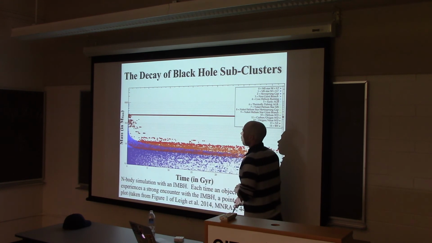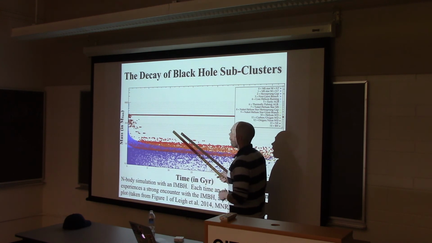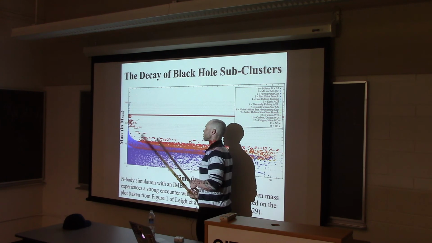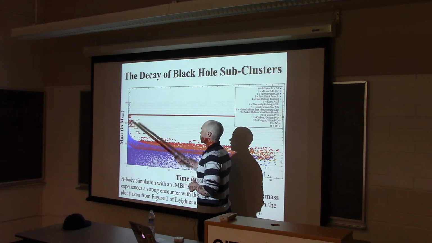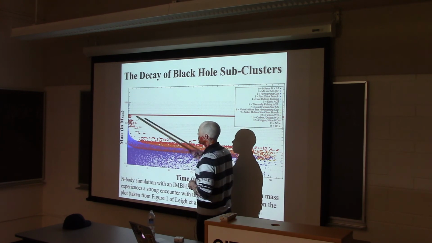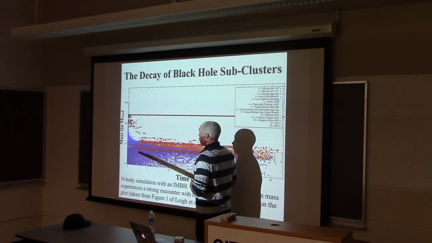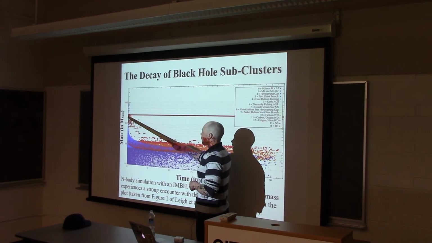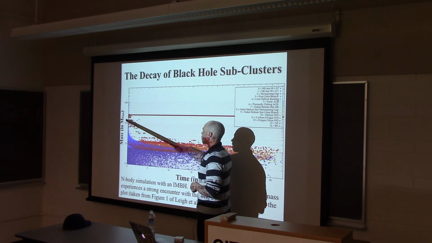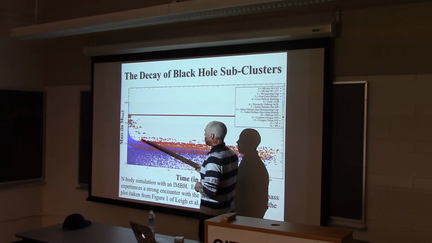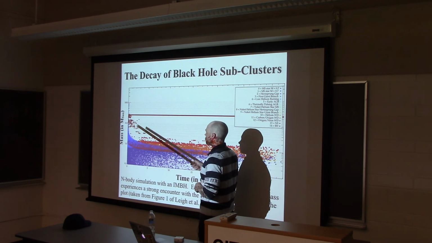With our analytic formalism, we could calculate what you'd expect for the velocity distribution of the ejected black holes, as well as the orbital evolution of the central IMBH black hole binary. One other thing you notice is that the ejection sequence tends to be in order of mass. The most massive black holes, except for the two most massive, are ejected first, and the lowest mass black holes are ejected last.